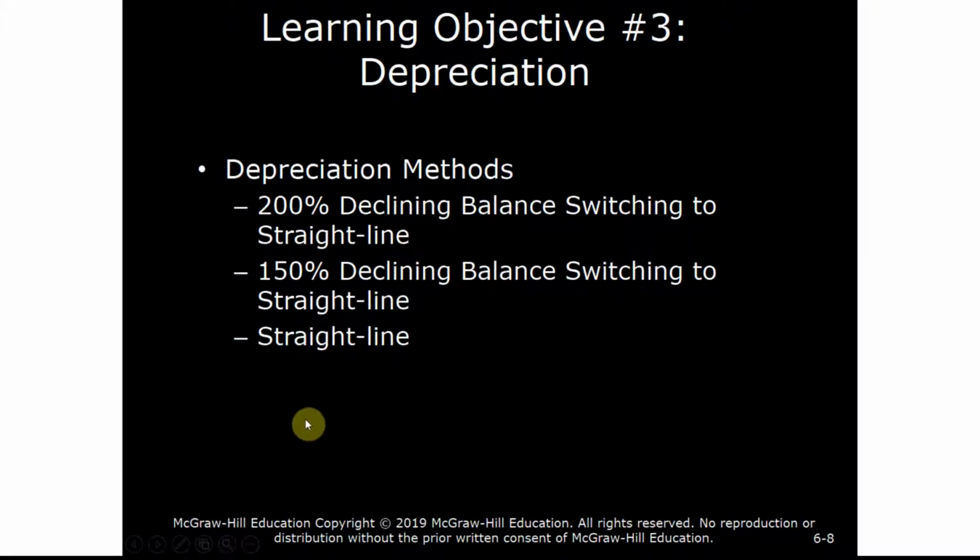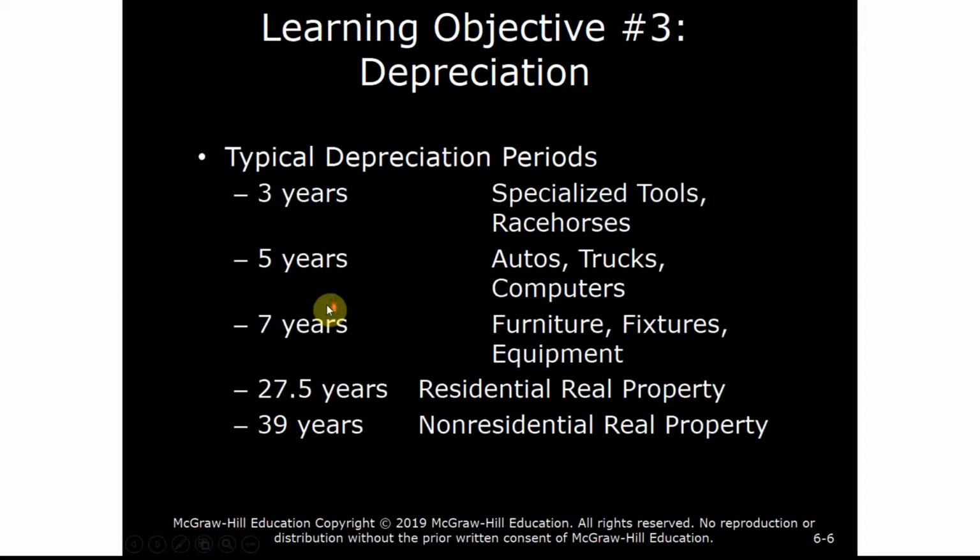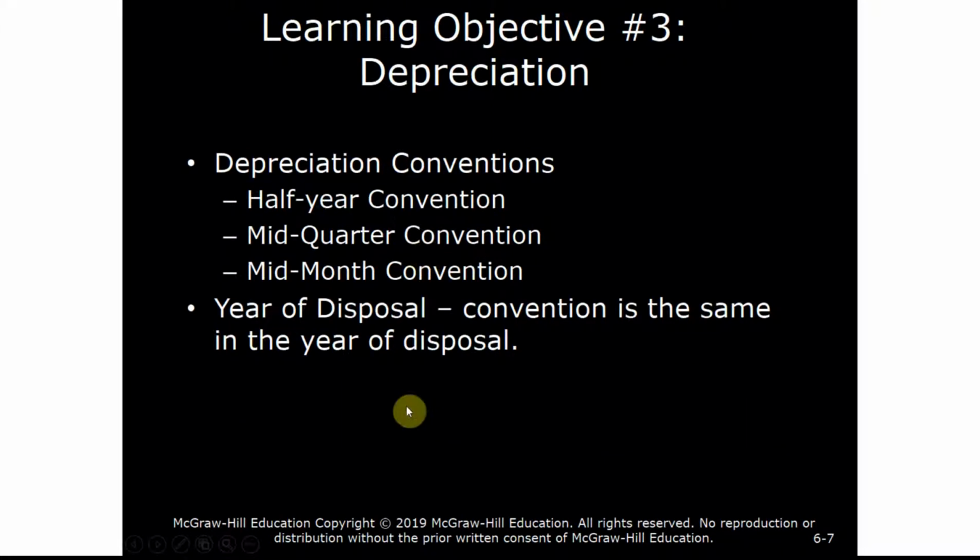But if the taxpayer takes this straight line approach, then they may not change back to acceleration. They must stay with straight line. And again, we're talking about equipment and furniture fixtures. What we're saying is we're looking at 3, 5, and 7-year properties primarily. Those are accelerated at 200%.